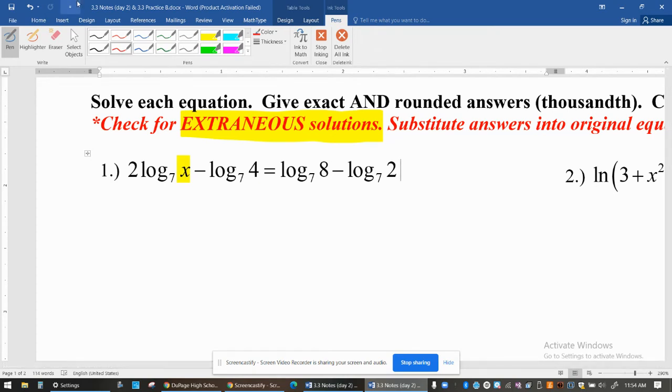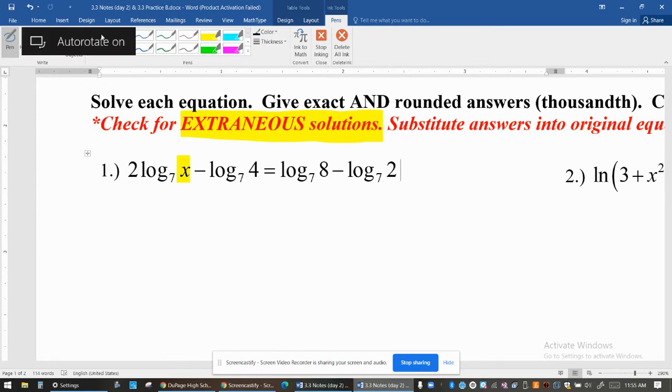As I look at number 1, I notice that I have multiple logs on the left and on the right. According to the properties of logs, if I have subtraction of logs, I can change that into a quotient. So I can rewrite those. Just really quickly, don't forget that coefficients are also exponents.